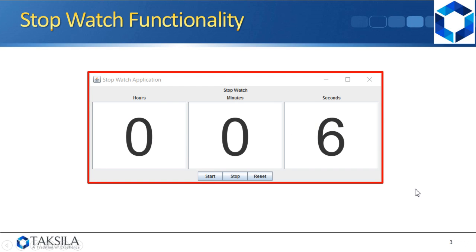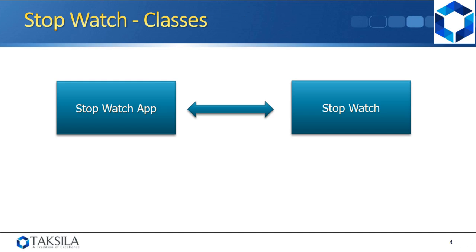Whereas the stopwatch class is responsible for when to increment the time. Let us say it is at 6 seconds now. At what instance it has to go to 7 seconds. So this entire threading functionality, or the threads functionality, is there in the stopwatch class, and we will look into that in the next few minutes.